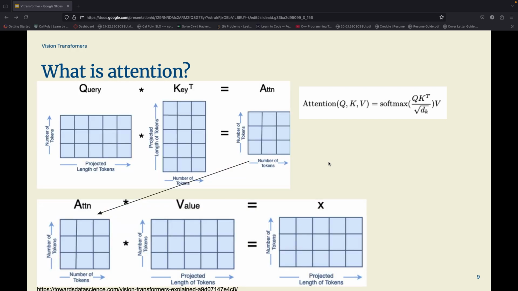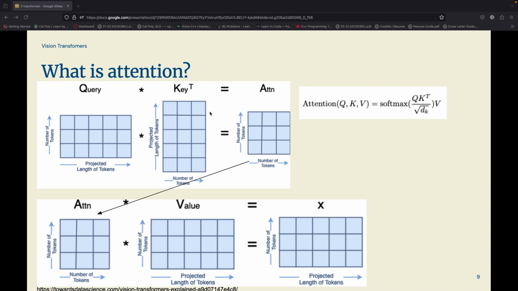Let's get to the next slide. So I like visualizing it better because looking at an equation like this, it's very dense. I don't really know what it means, but here are some cool diagrams I found. So with the query, we dot product that with a transpose of the key matrix, and that gives us some sort of attention score.